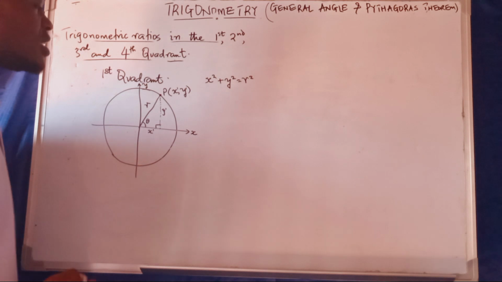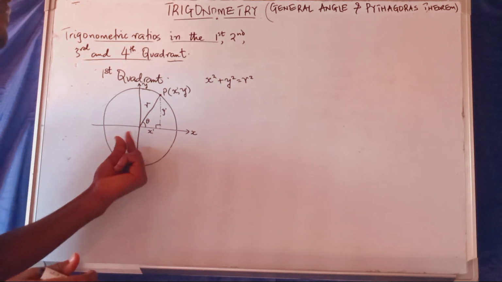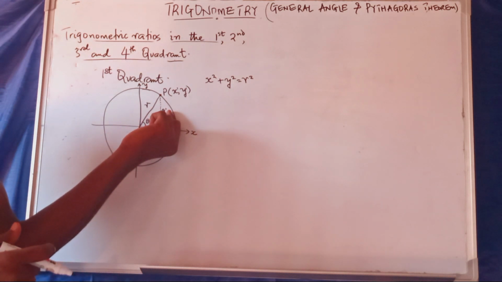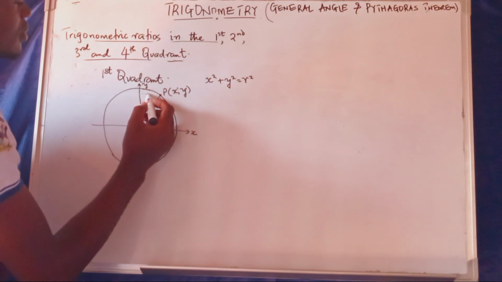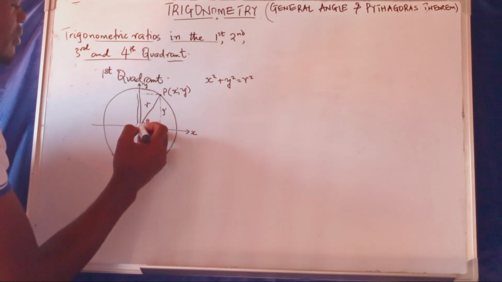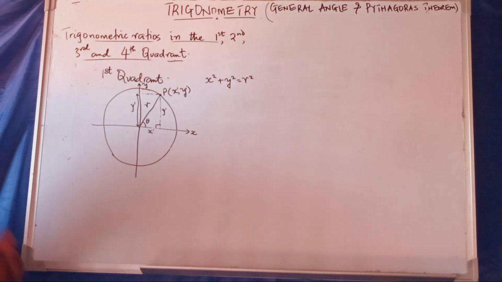with the x-axis. So if you try to observe these points, this y prime, actually it is the same distance from here up to here. That is the y prime. That's where we are getting the y prime.